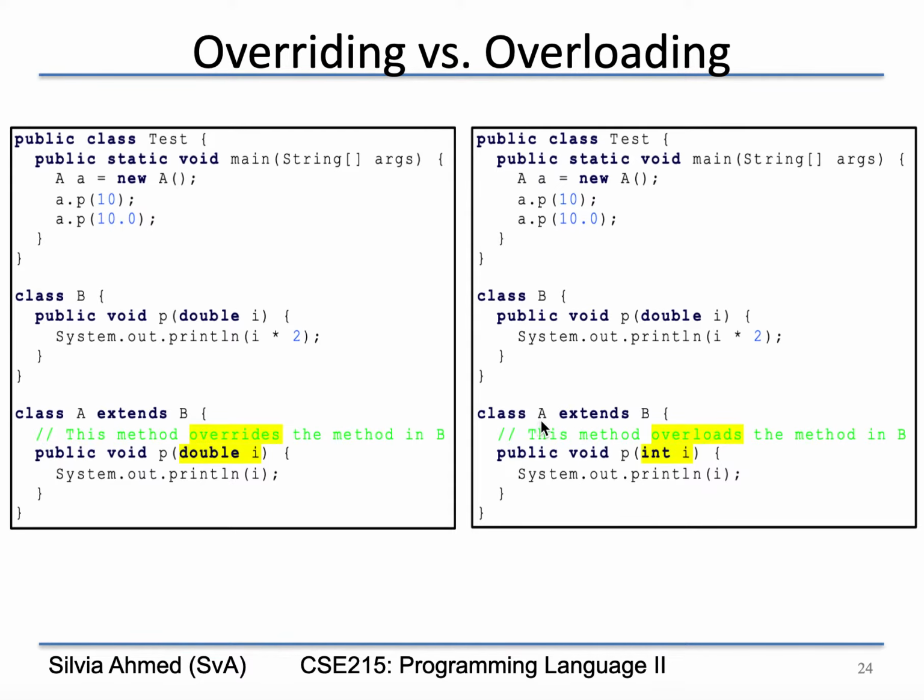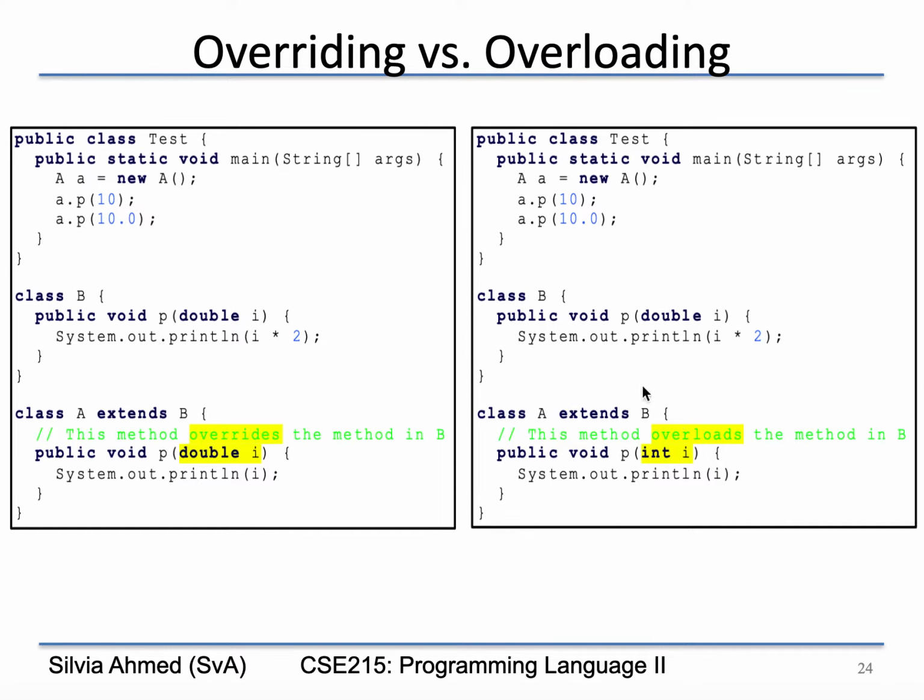In class A, there is another method named P, but here the parameter type is integer. So in class A there are actually two methods named P: one whose parameter is integer, and the inherited one whose parameter is double.